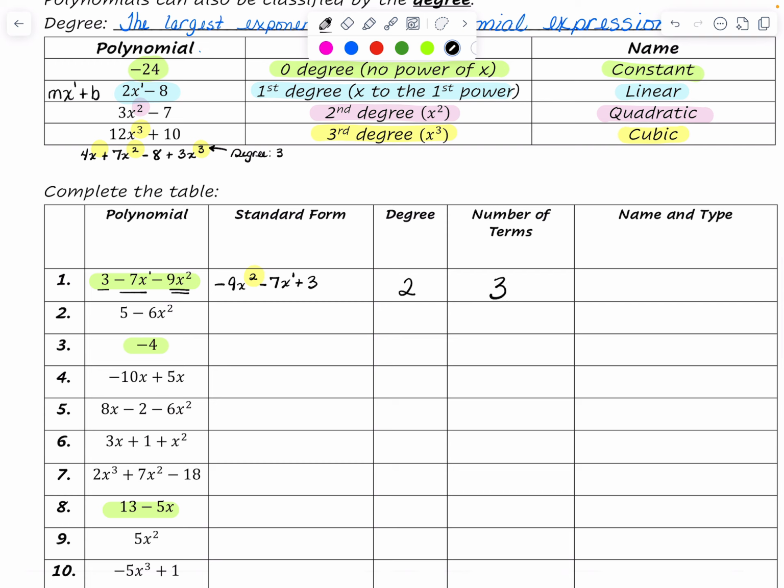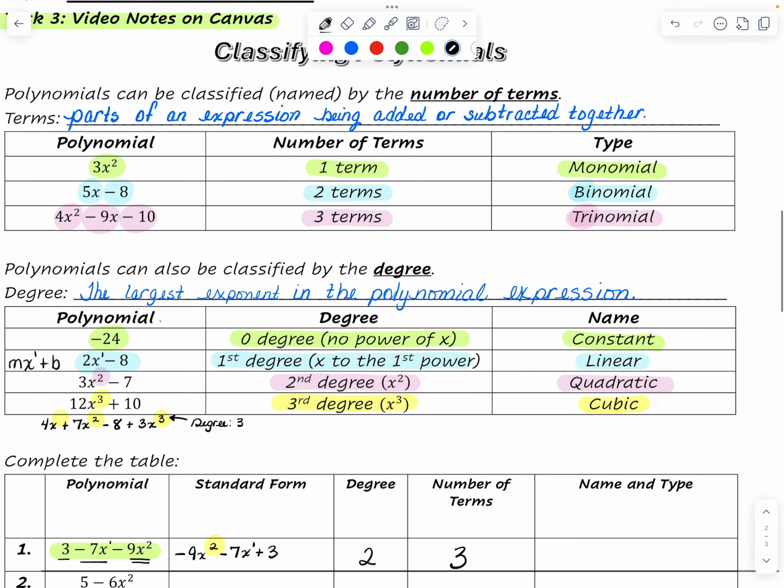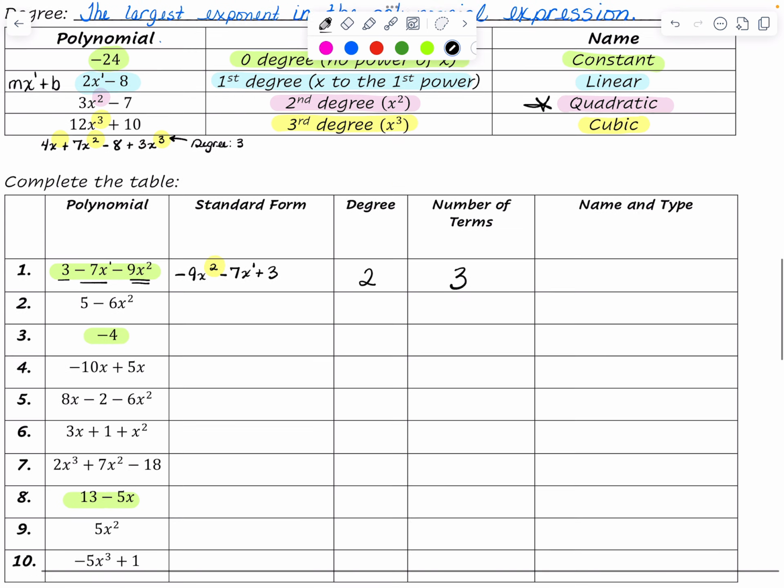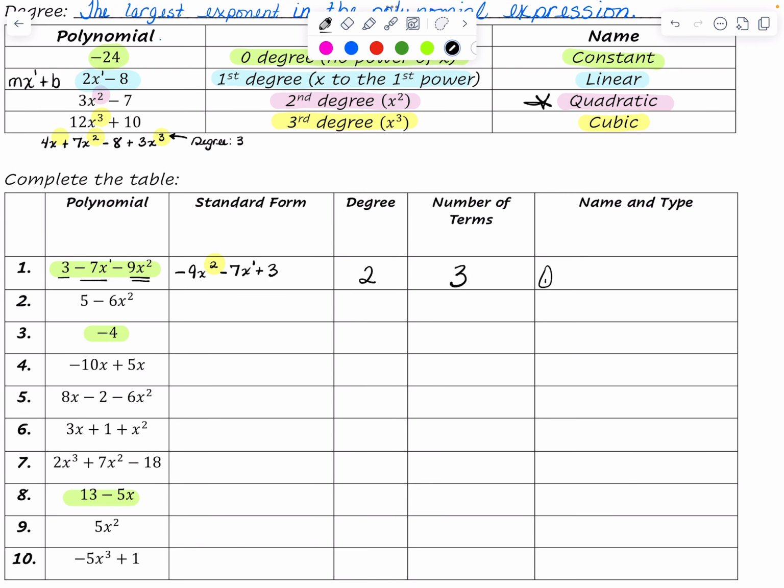It's 3. Now looking at the degree, a degree of 2, going right back up here, it is quadratic. Because it's 3 terms, it's a trinomial. So this one here is a quadratic trinomial.